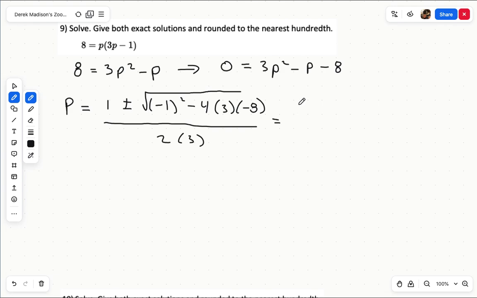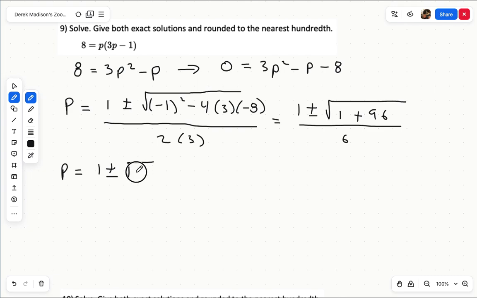So sneaking over here with it, we'll have 1 plus or minus the square root of 1, the double negative will make that a positive, 12 times 8 is 96, so another 97 I think, over 6, or p equals 1 plus or minus the square root of 97 over 6. So that's your two exact solutions: 1 plus root 97 over 6, and then 1 minus root 97 over 6.